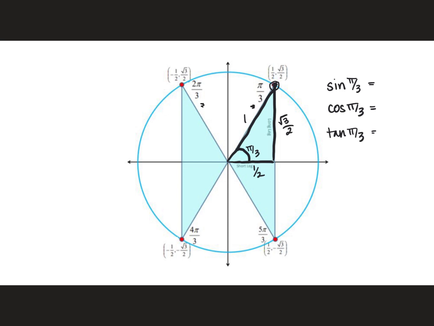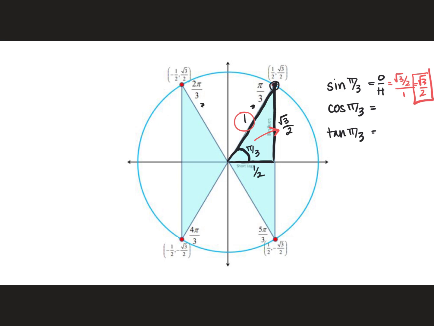Sine is opposite over hypotenuse. So that would be the opposite side, which is radical 3/2, and the hypotenuse, which is always 1. So radical 3/2 over 1 just simplifies to radical 3/2.